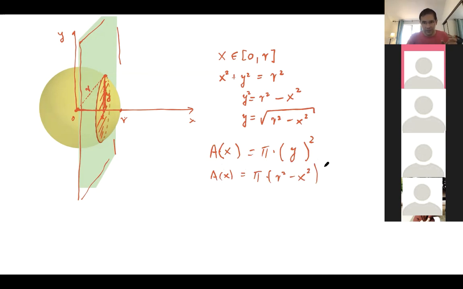Okay, so this is the area of the cross section that corresponds to this specific point x. So that was my point x, and I have computed the cross section of this.